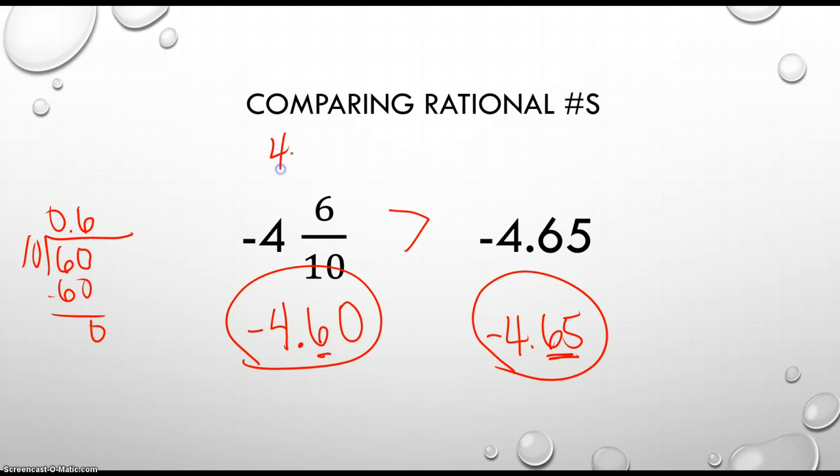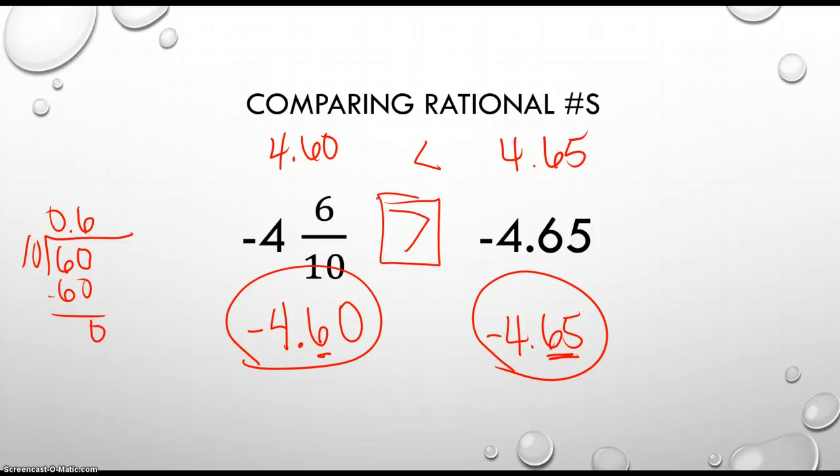If I had 4.60 positive and 4.65, I could look at this like money, and 4.65 would be bigger. But here, negative 4 and 6/10 is greater than negative 4.65.